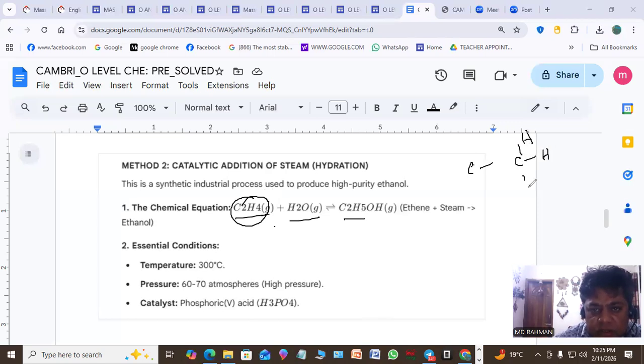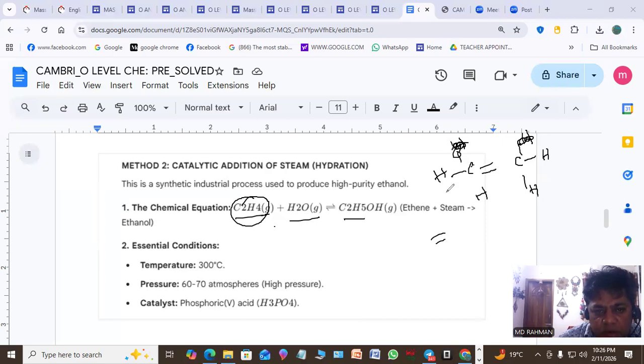Counting the hydrogens: 1, 2, 3, 4, 6 hydrogen. You can see this is ethylene, that is ethene, and we can omit this one and this one.